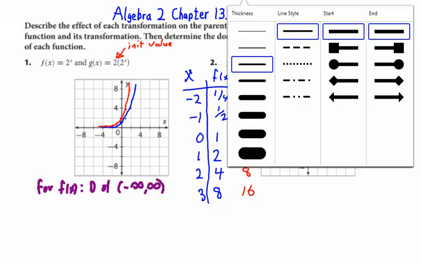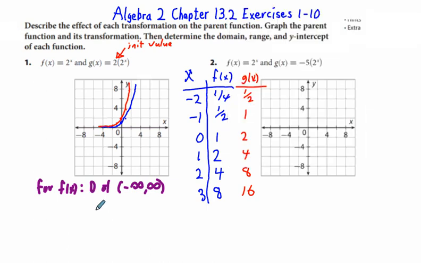The range is going to be greater than 0, up to infinity. And this is for both f of x and g of x.